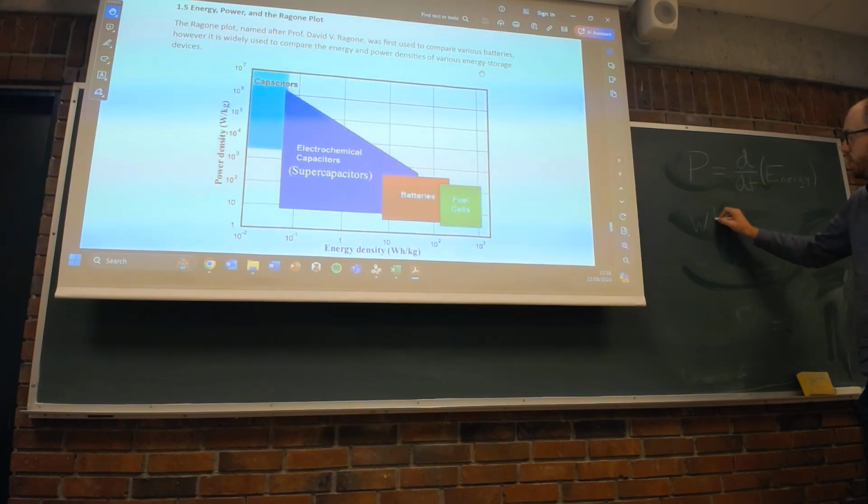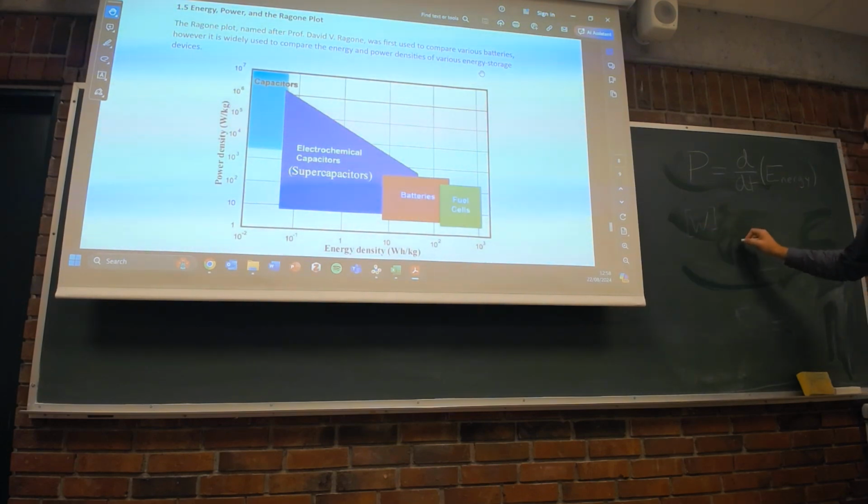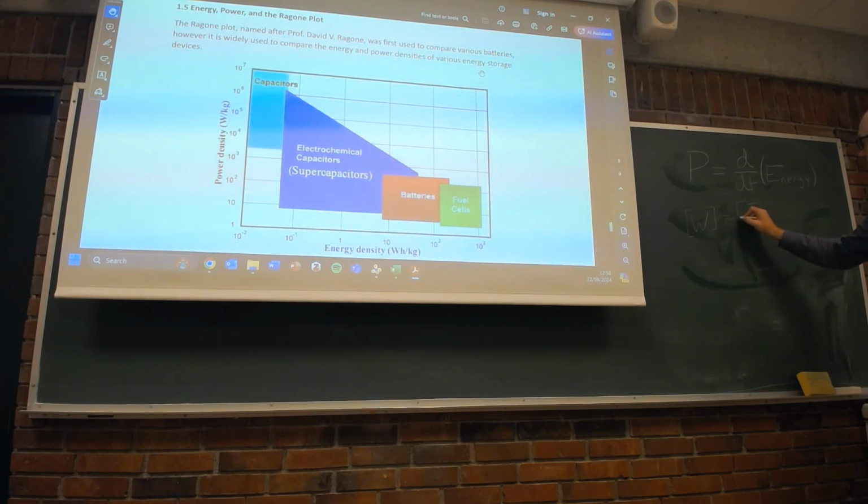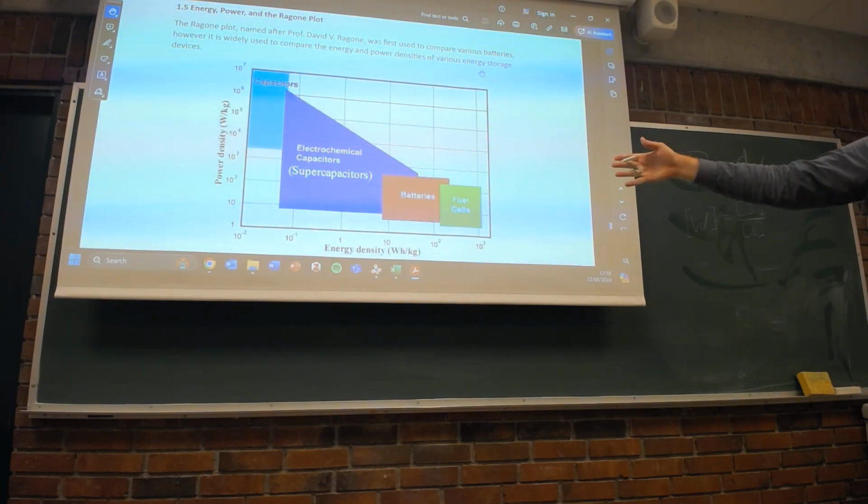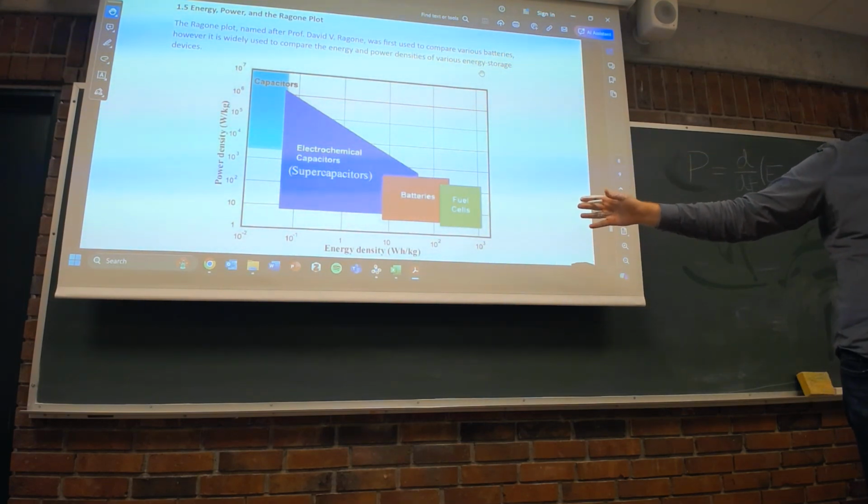So we use the watt. And a watt is just joules per second, okay? But this isn't power and energy I've plotted, it's density. So what does that mean, okay?